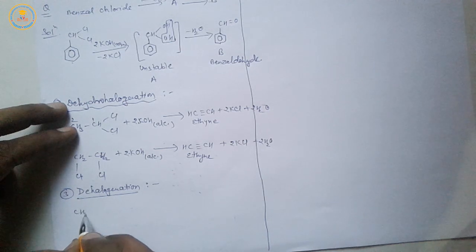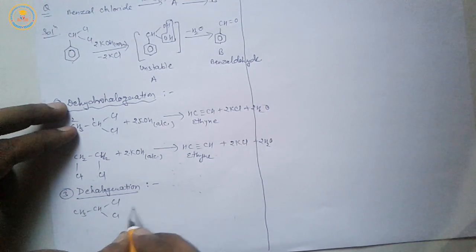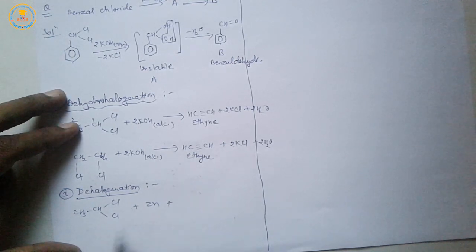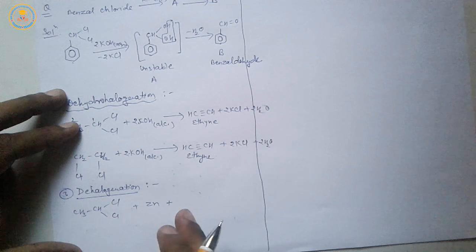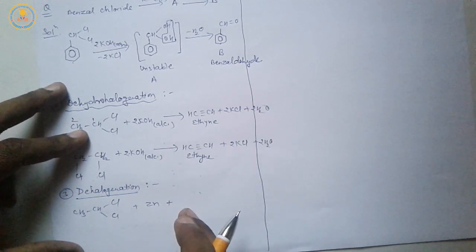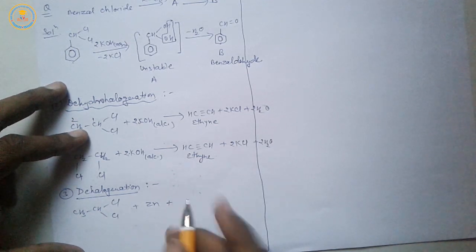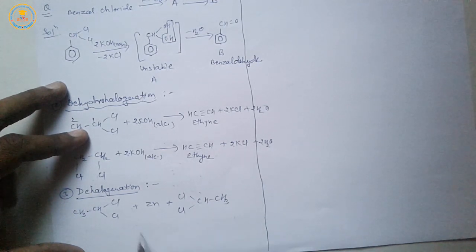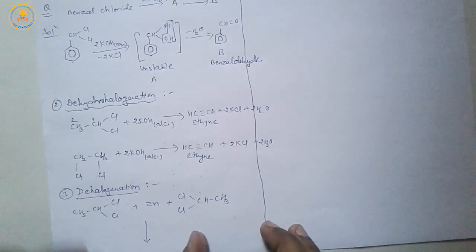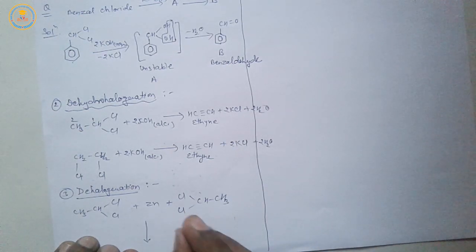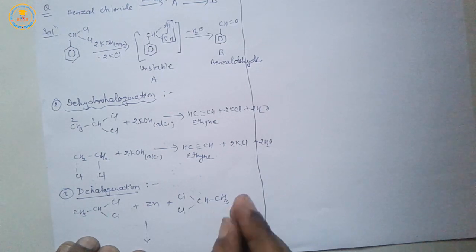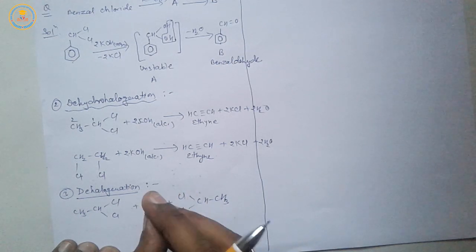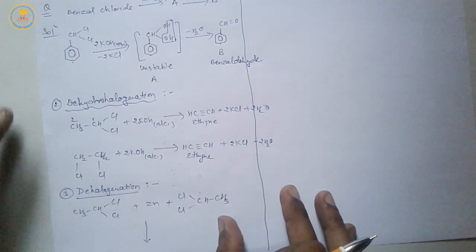For example, it is a geminal dihalide. Here two molecules of gem dihalide participate, so when gem dihalides react with zinc metal, then a double-carbon containing alkene is formed.